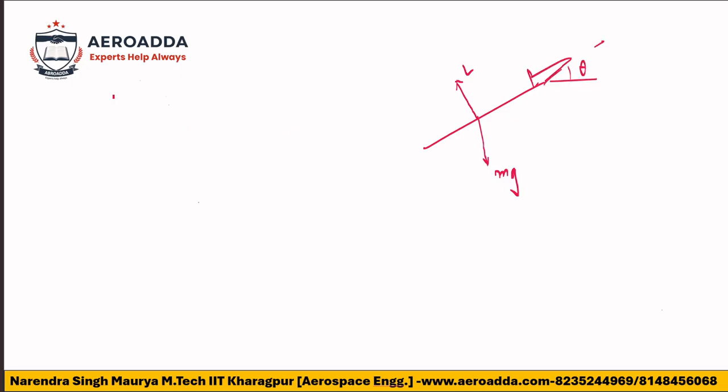This was theta. So also you can say, take this component, you can write here. See the component, this is theta here. This will be L cos theta, right? You can write like this.